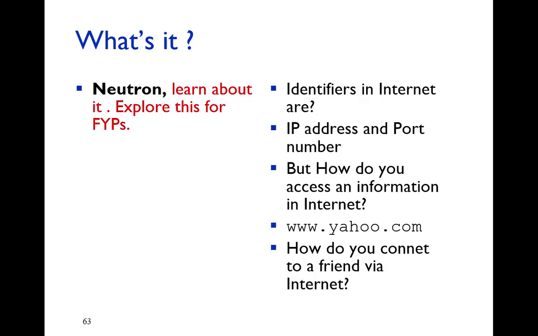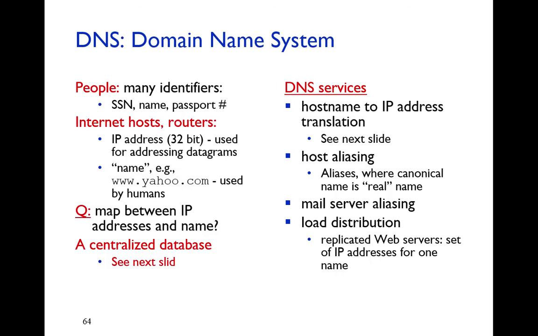So the DNS, first of all, how does it work, and what are its services? It maps, it translates name to IP address, as we have discussed in the previous slide. It also provides host aliases. We will discuss it later in the class.